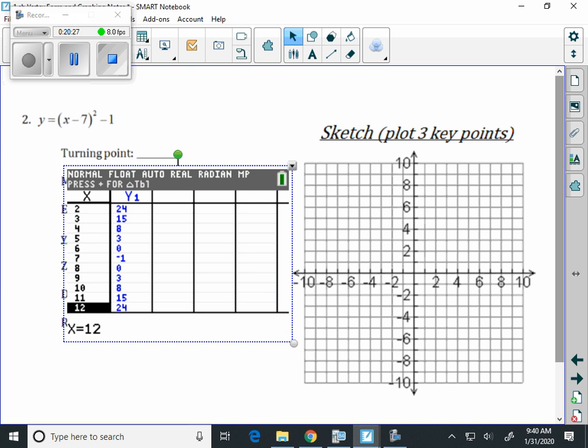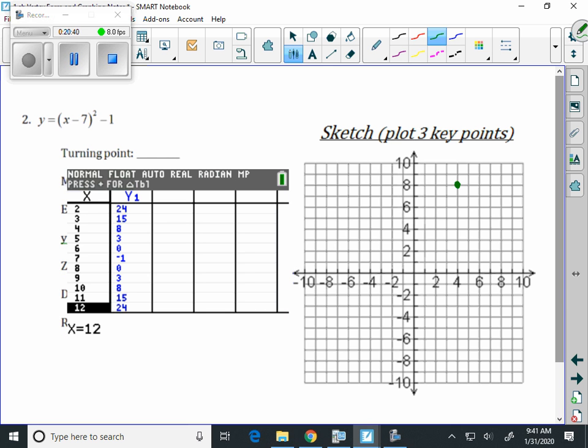And again, it says plot 3 key points, and I'm going to plot more than that, but on this one, 4, 8 fits, and 5, 3, 6, 0, 7, -1, 8, 0, 9, 3, and 10, 8.